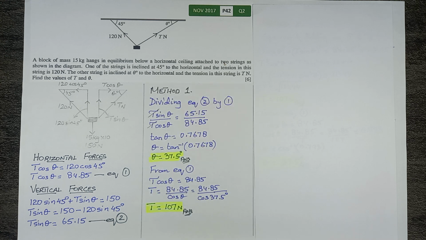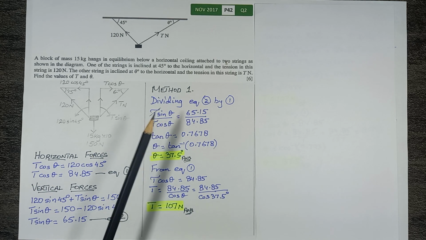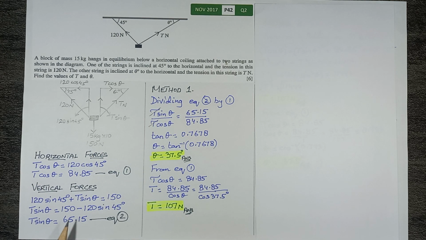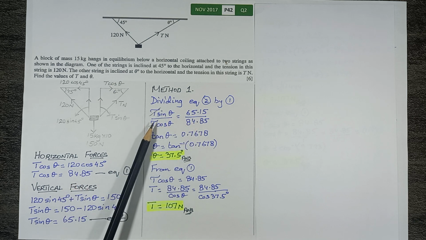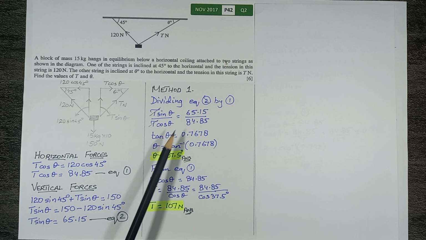So we have two different methods to work on that. Both the methods are super simple. So the first method is dividing equation 2 by equation 1. That means T sine theta divided by T cos theta is equal to 65.15 divided by 84.85. Cancelling the T, sine theta upon cos theta is tan theta.